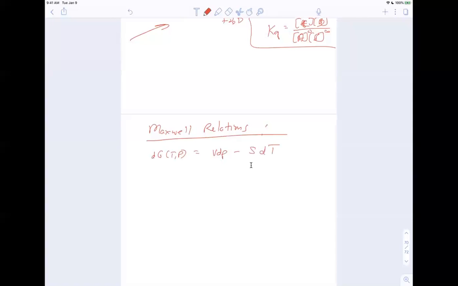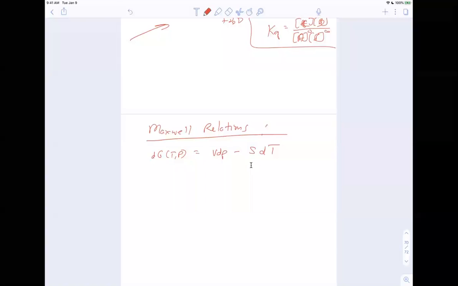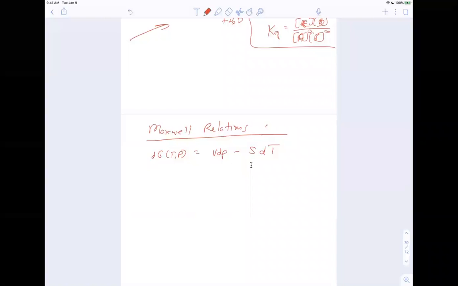So the total differential of G, which we have developed so far, is VdP minus SdT. Are there any questions, by the way, before I move on, or comments? All right. So we know that this is our total differential of G, and all of the things that appear in this equation are state functions. Okay, there's nothing that's path dependent here.